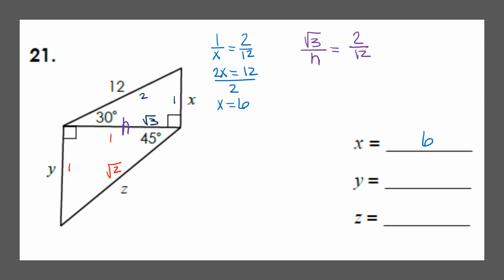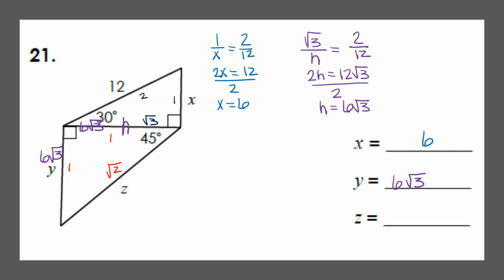So then whenever I cross multiply, I have 2h equals 12 radical 3. And if I divide everything by 2, I get that h is 6 radical 3. So that tells me this length is 6 radical 3, which is going to be the same measurement as y because those sides are exactly the same. So y is 6 radical 3.